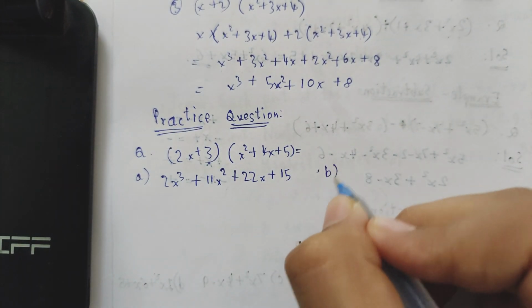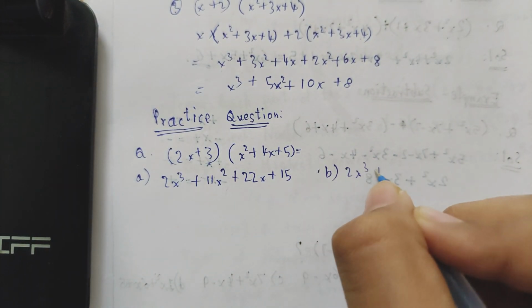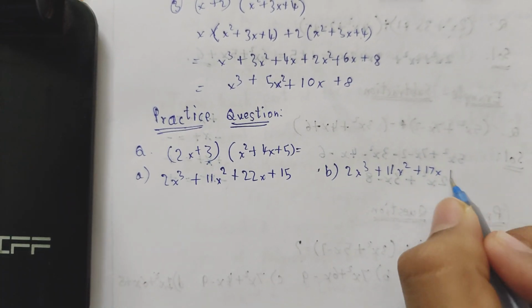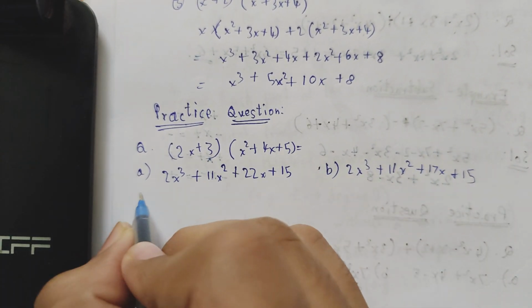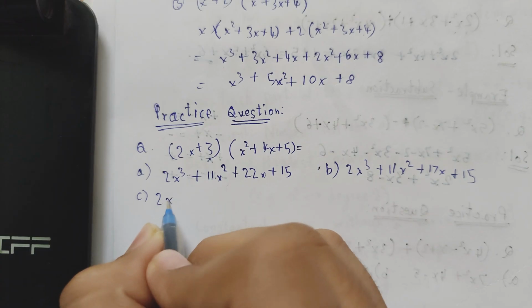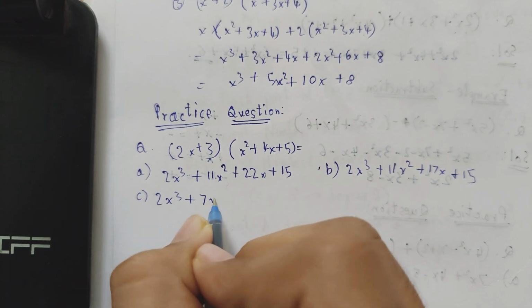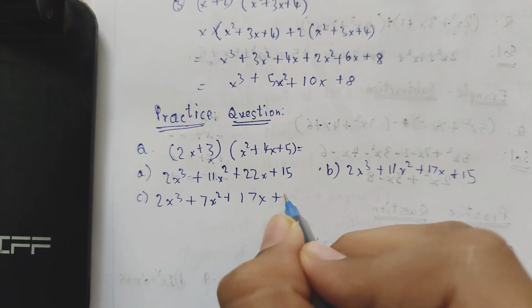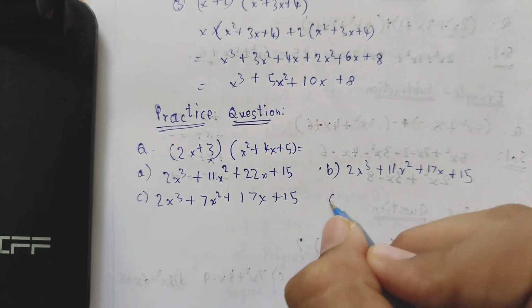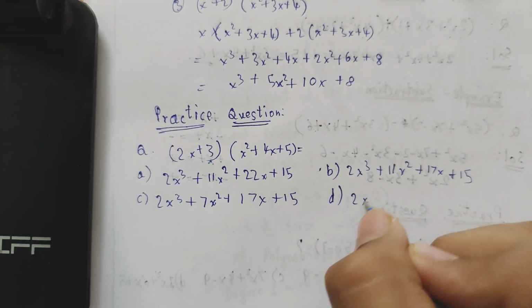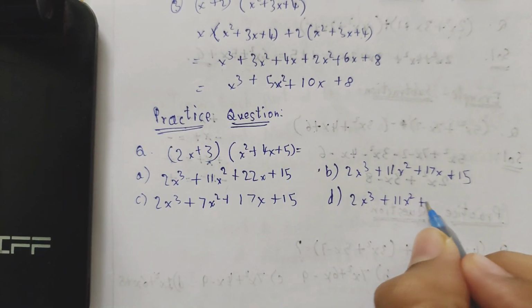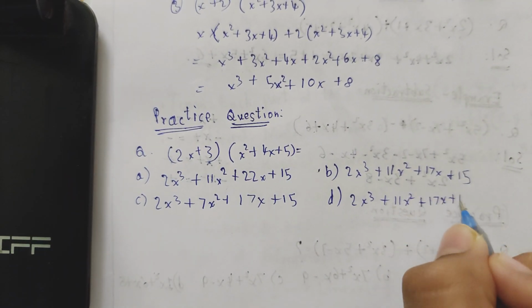Option B is 2x cubed plus 11x squared plus 17x plus 15. Option C is 2x cubed plus 7x squared plus 17x plus 15. And option D is 2x cubed plus 11x squared plus 17x plus 10.